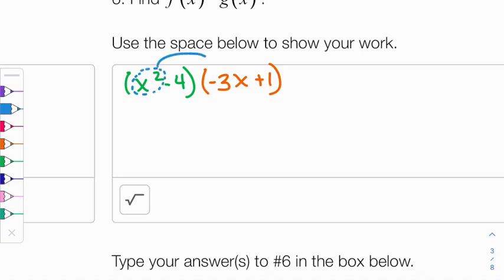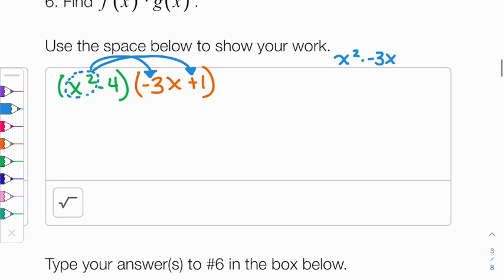So you take your first term and you multiply it by each term in the second set of parentheses. So I'm going to do x squared times negative 3x to get me negative 3x to the third. And then I'm going to do x squared times 1, which is boring, it's just x squared.